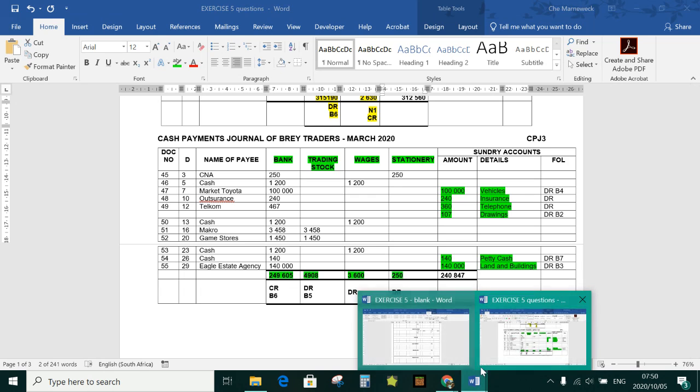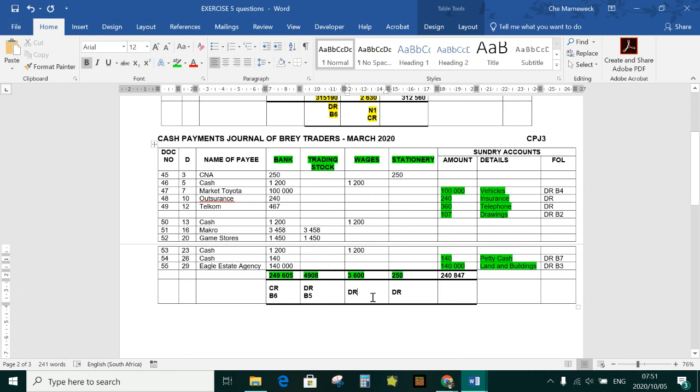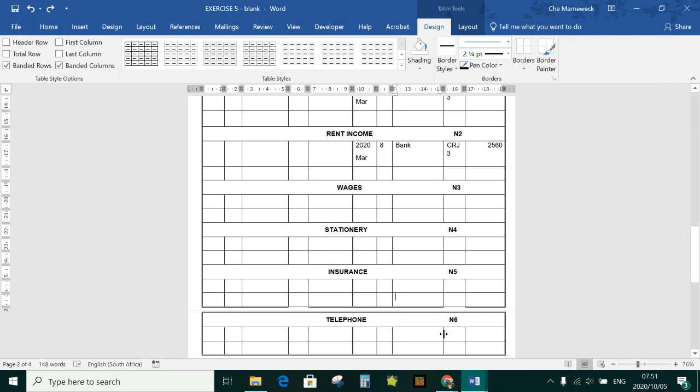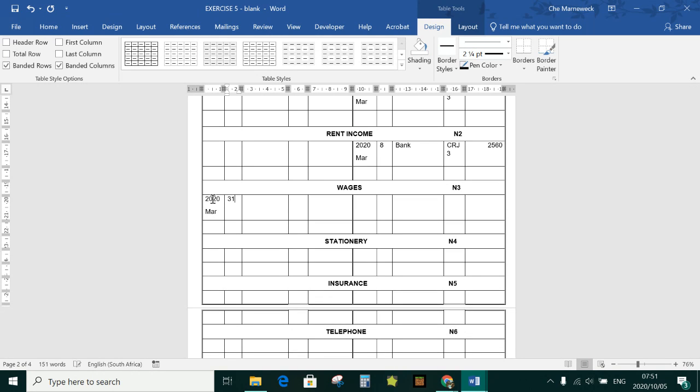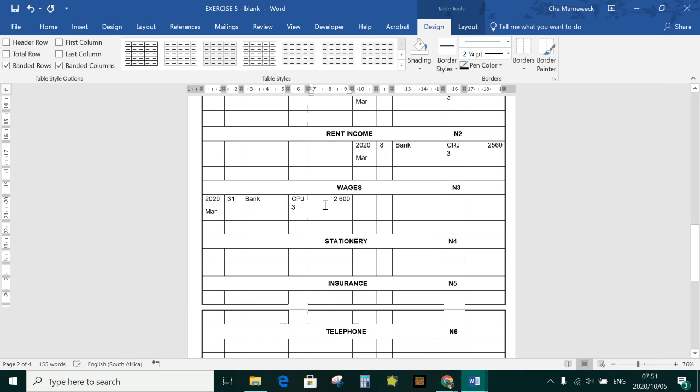The next account is wages, I'm pretty sure. Wages, N3. It's going on the debit side. It's a column, so we're taking the column total on the last day of the month, 3,600. So 2020, March the 31st, bank, CPJ3, and it's 3,600.